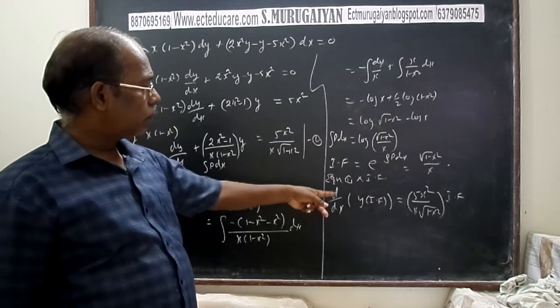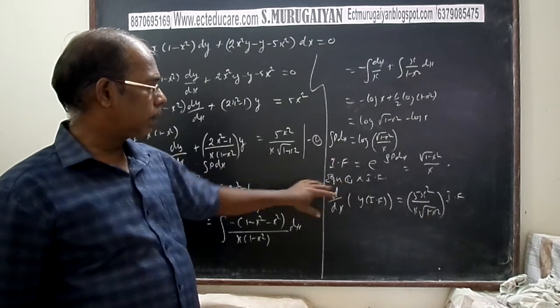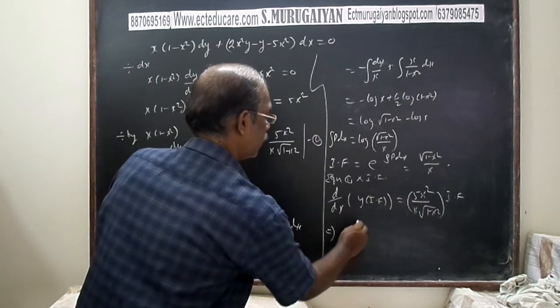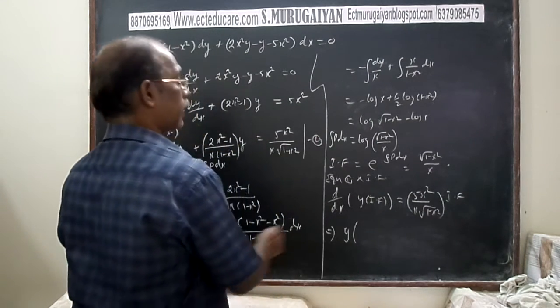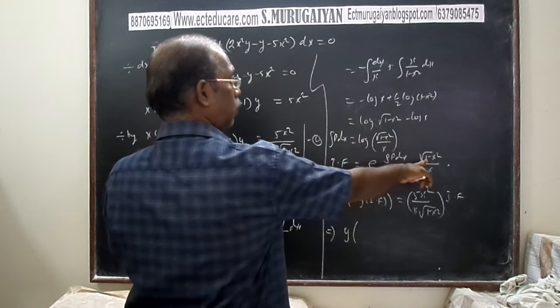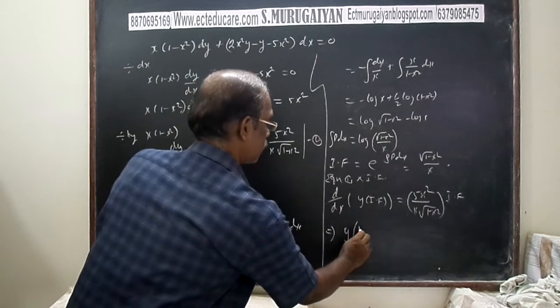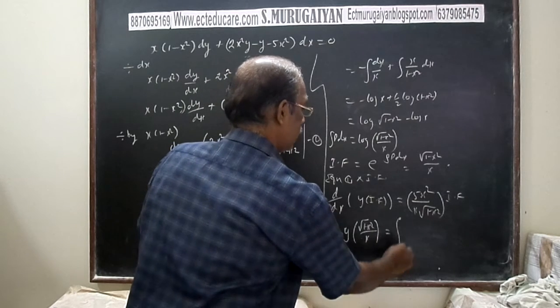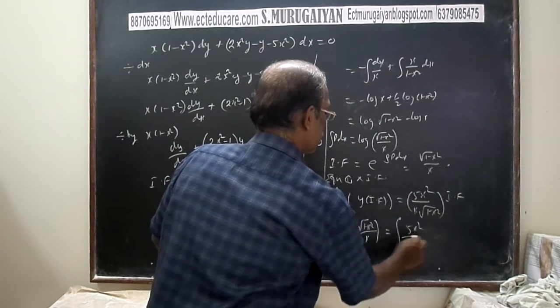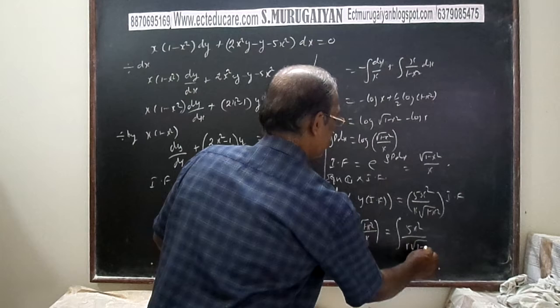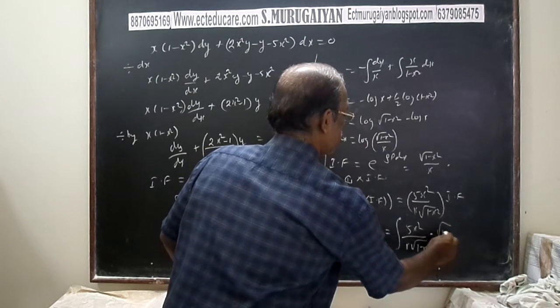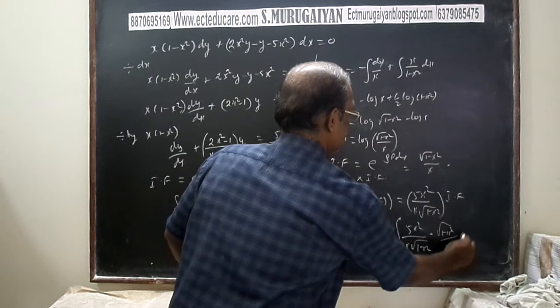In order to remove d/dx, we have to integrate. After integration, y times the integrating factor, √(1 − x²)/x, equals the integral of 5x²/(x√(1 − x²)) times √(1 − x²)/x dx.